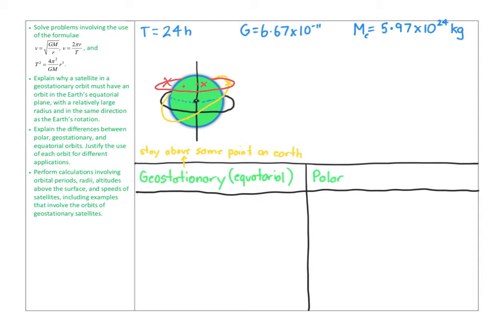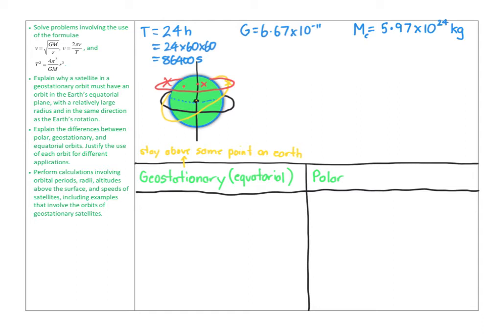Let's work out why must the radius be so big. So if the period is 24 hours, that's equal to 24 times 60 times 60 seconds, which is equal to 86,400 seconds.